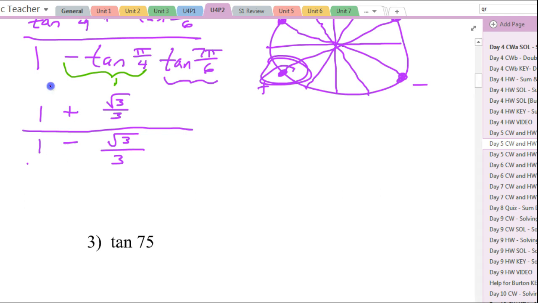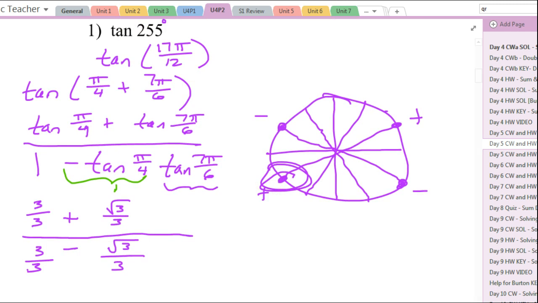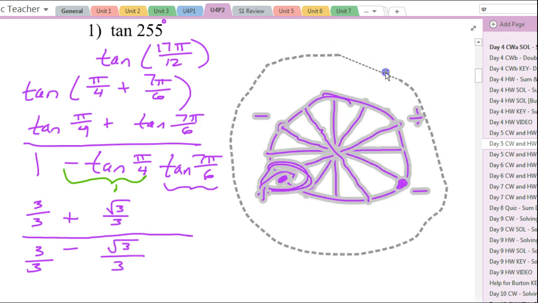One way to do that is to understand that 1 is really 3 over 3. So both of these problems will have a 3 over 3 where the 1 used to be. Okay, so now I'm in a good position to add these up.